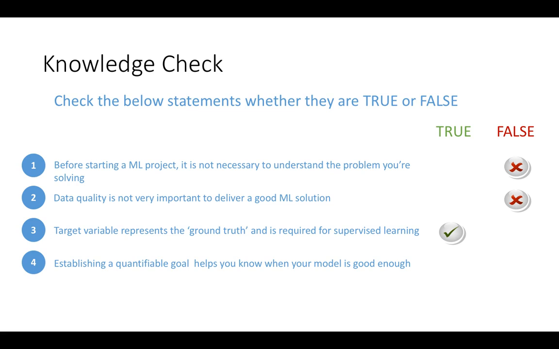The fourth point: establishing a quantifiable goal helps you know when your model is good enough. Yes, a quantifiable goal is very much needed. Otherwise, you run the risk of wandering here and there without reaching your objective. So you are right. With that in mind, let's hope you have enjoyed this session. So learn and have fun.